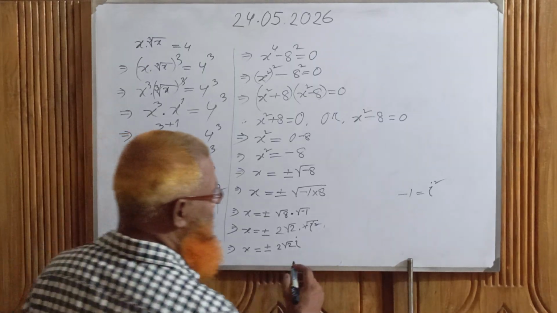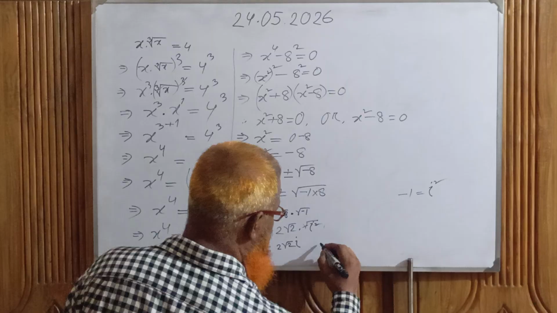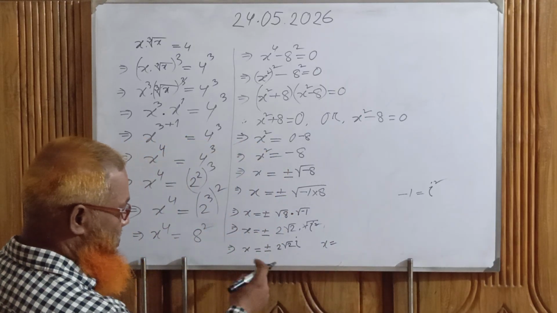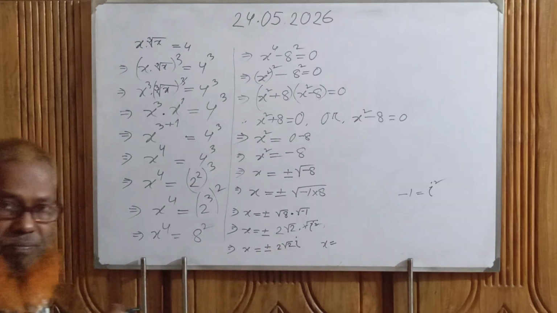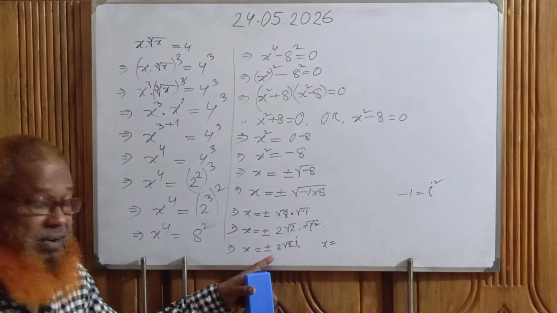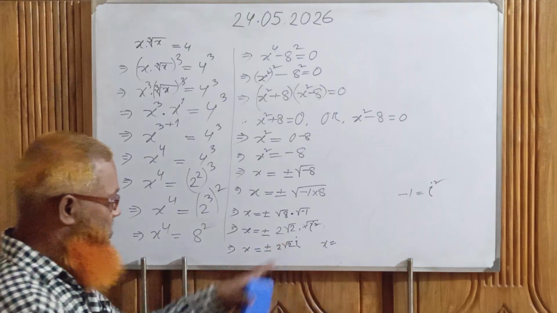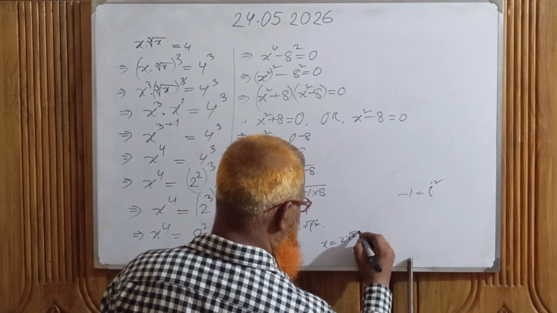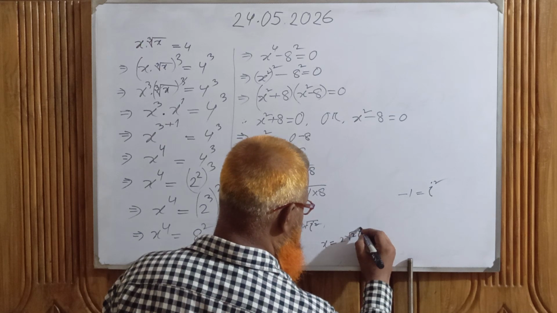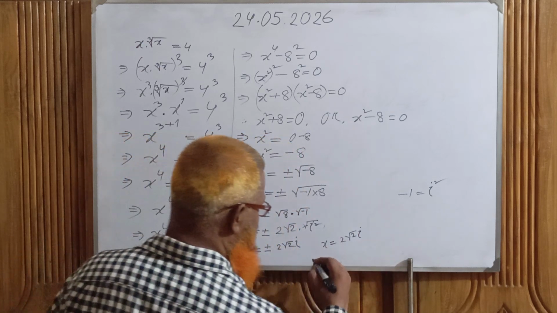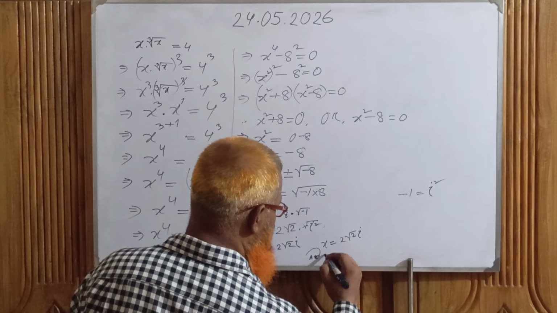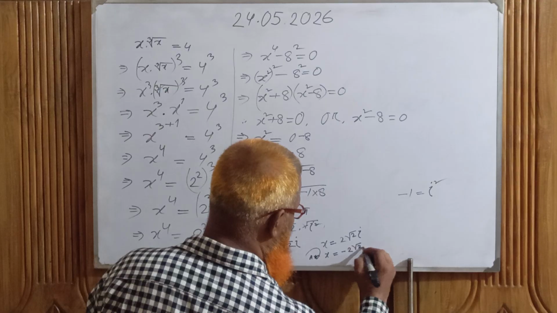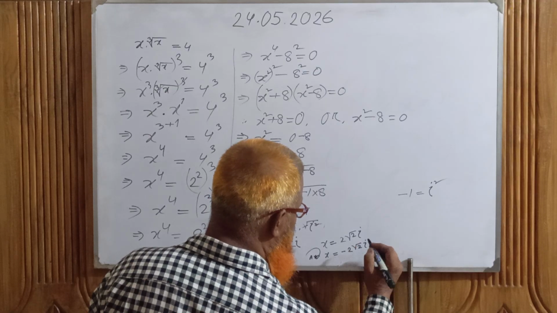That means x equals plus and minus, one time plus and the other time minus. That is x equals plus 2 root 2 imaginary unit, and x equals minus 2 root 2 imaginary unit.